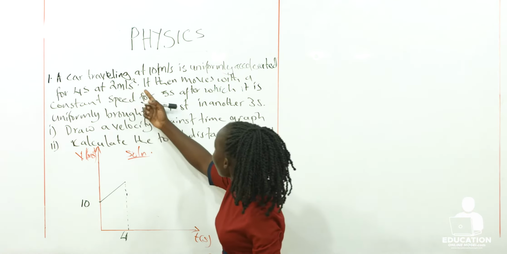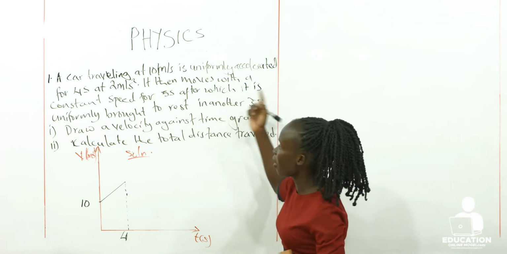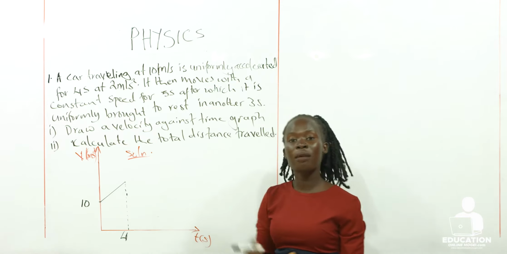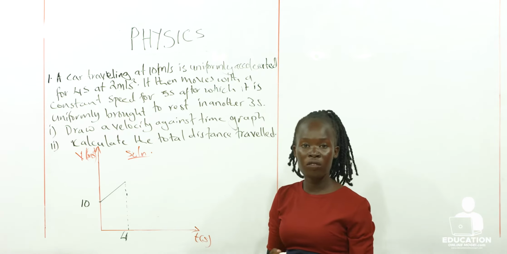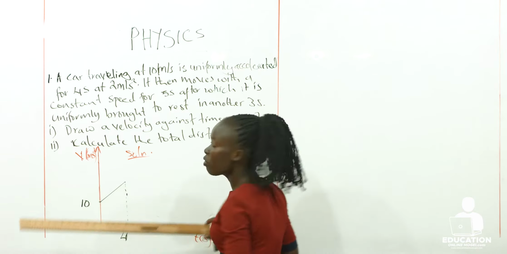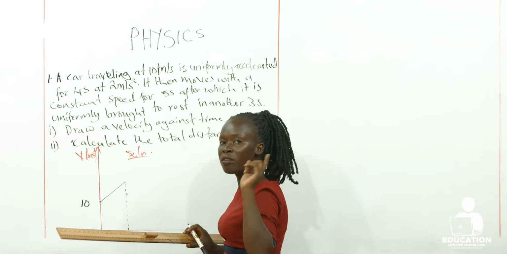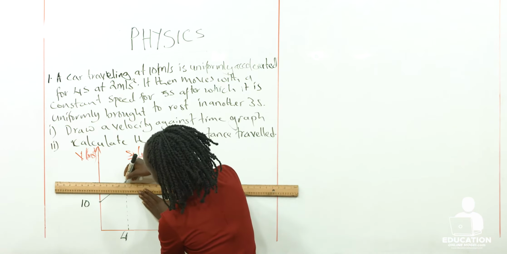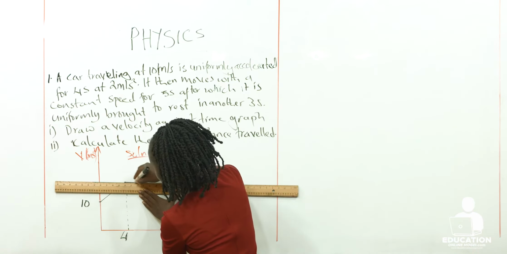Let's continue. It then moves with a constant speed. When we talk about constant speed, it's the same as a uniform velocity. So here our body moved with a uniform speed for how long? For 5 seconds. So we are moving from this point, giving it a uniform velocity right here.